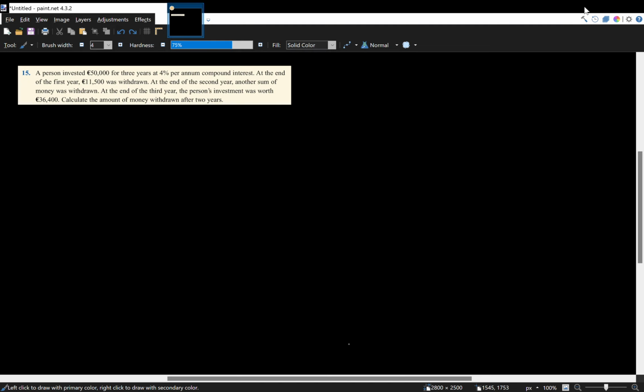So there's a tiny bit of variation on how this can be completed, but one way or the other we have to find the value up to the end of the second year before the money was withdrawn for the second time. So we'll start off with year 1.